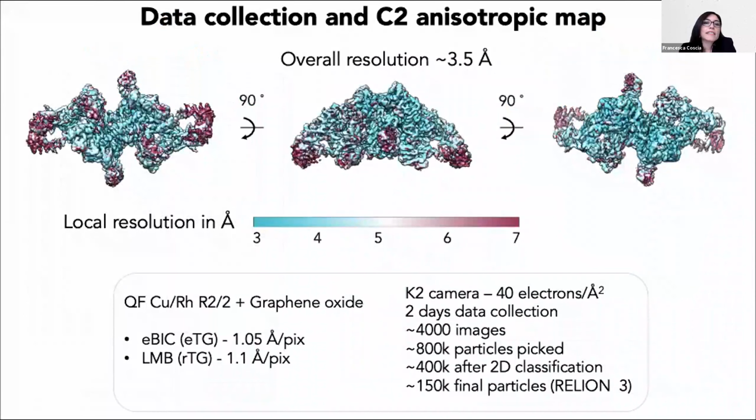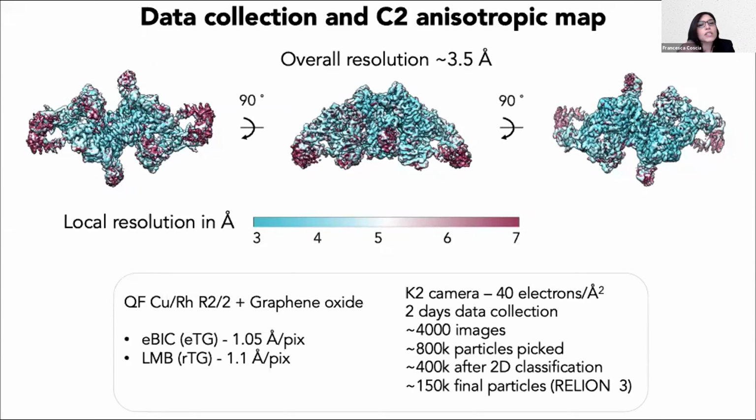So then we collected two data sets for endogenous and recombinant TG, one at the highest resolution, one at eBIC, and then one at the LMB, using Quantifoil grids covered with the graphene oxide. These were collected in very similar conditions, and then we imposed C2 symmetry to get a first map in RELION.